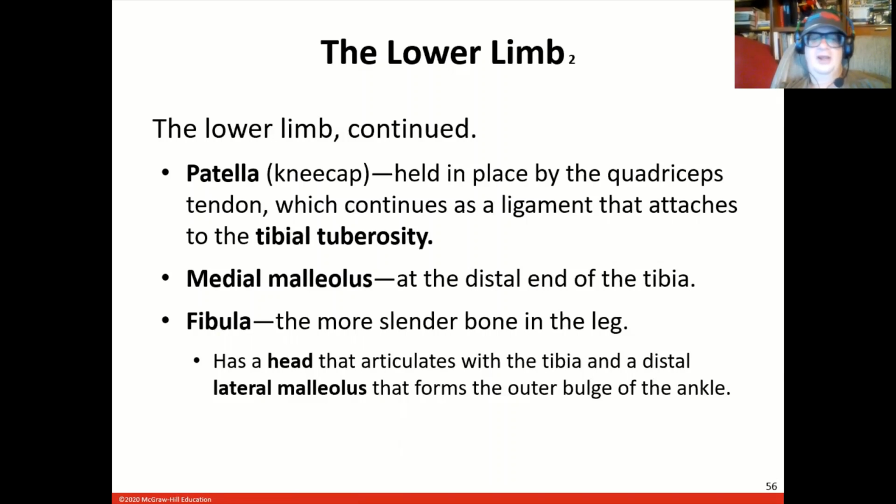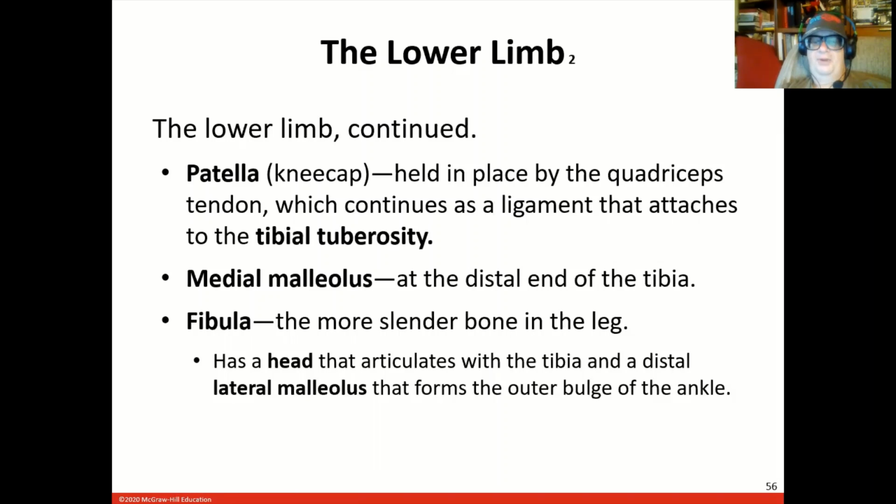Rectus means straight, and where is it? It's over the femur, rectus femoris. Anyway, those four muscles all go together. Their tendon becomes a common tendon. It goes over the knee, and it has a sesamoid bone in it that we call the patella. Okay, they're going to attach to the tibial tuberosity.